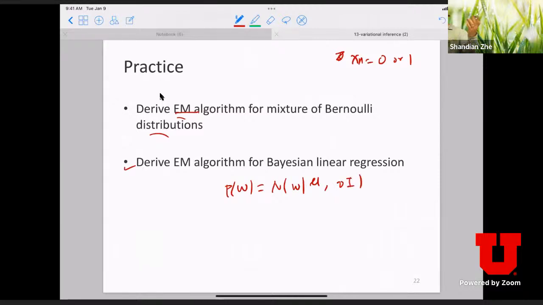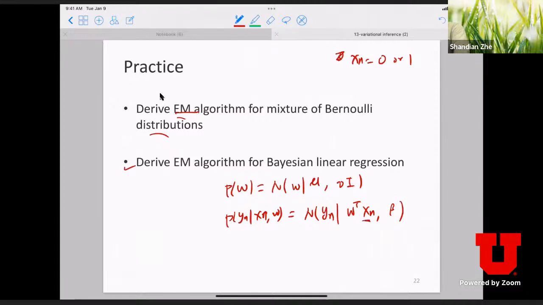Let me use some diagonal Gaussian, mu times V I, and then given the V vector and the input vector, the output is sampled from another Gaussian, W transpose xn and beta.